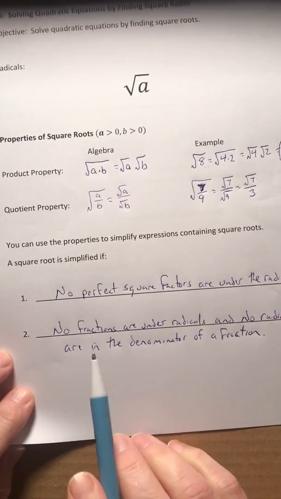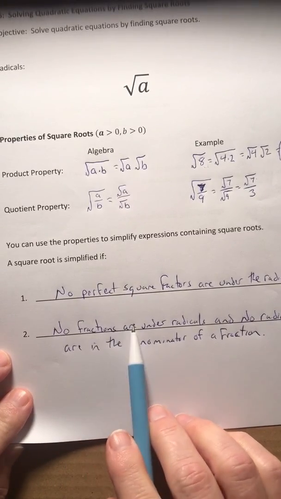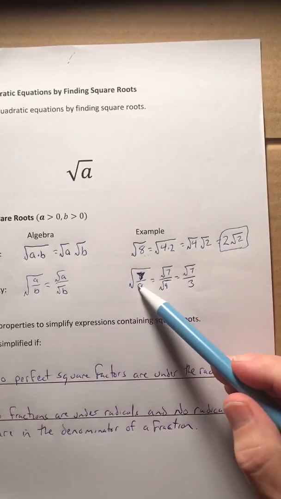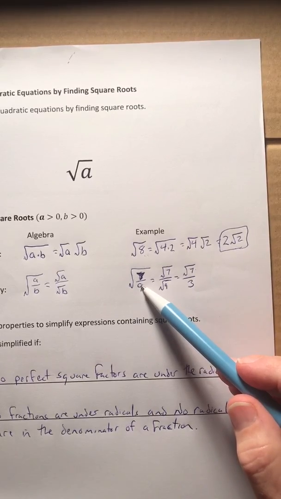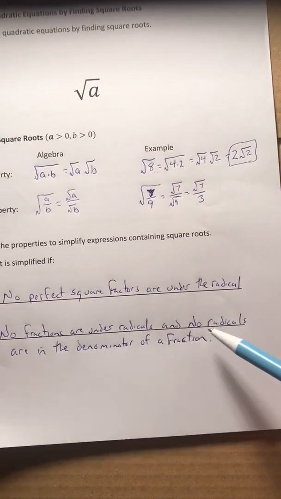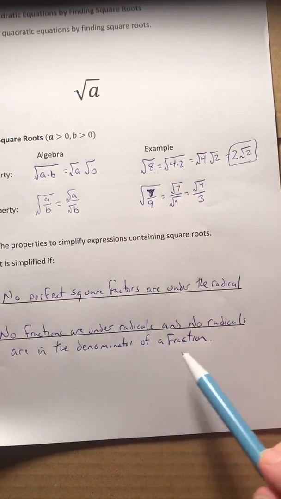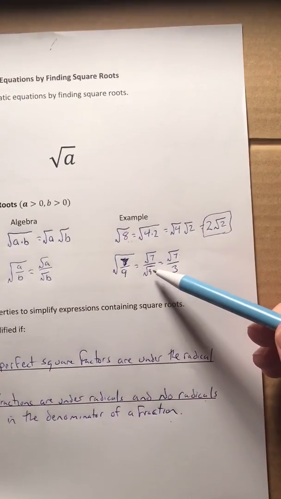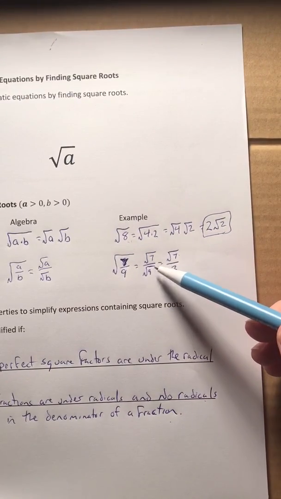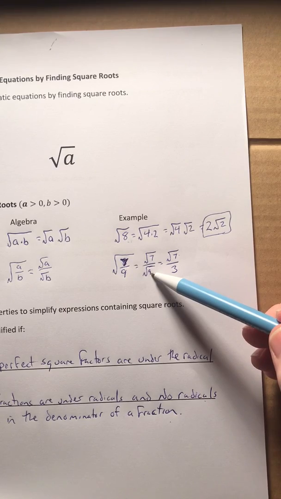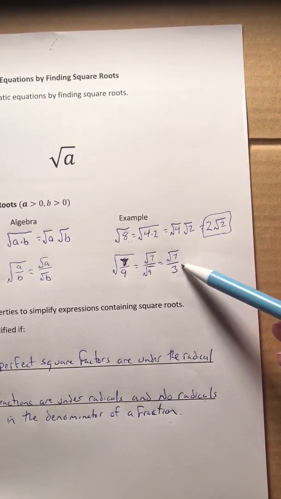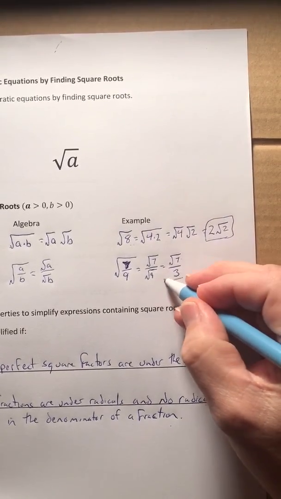So again, no fractions are under a radical, so that's why the square root of 7/9 was not simplified. And no radicals are in the denominator of the fraction, and that's why we couldn't leave it as the square root of 7 over square root of 9, because the square root of 9 is in the denominator. So that's why this one is simplified.